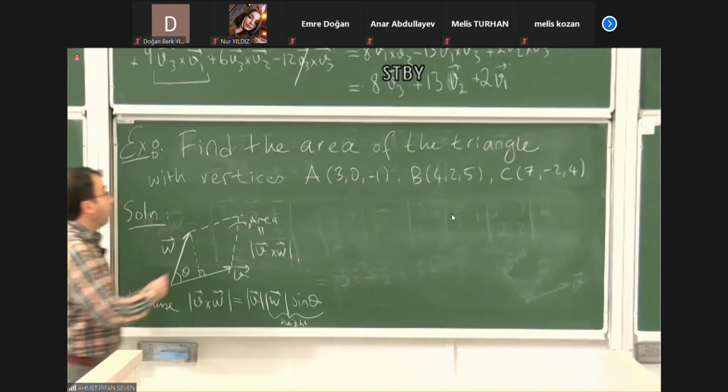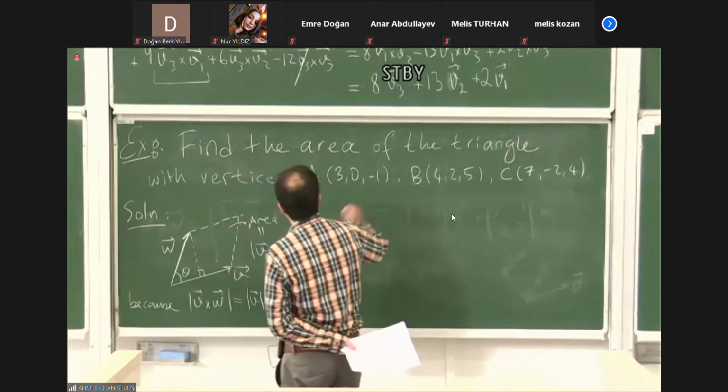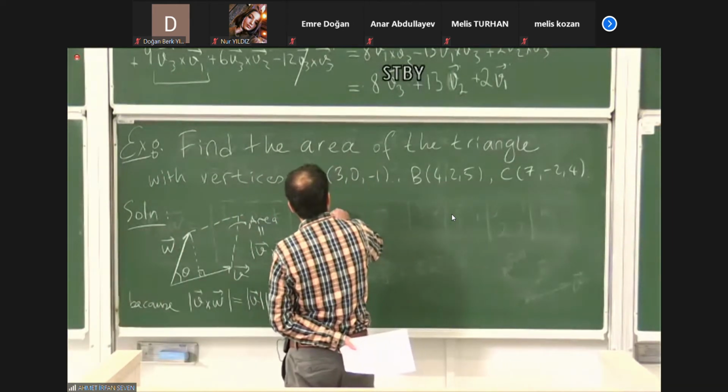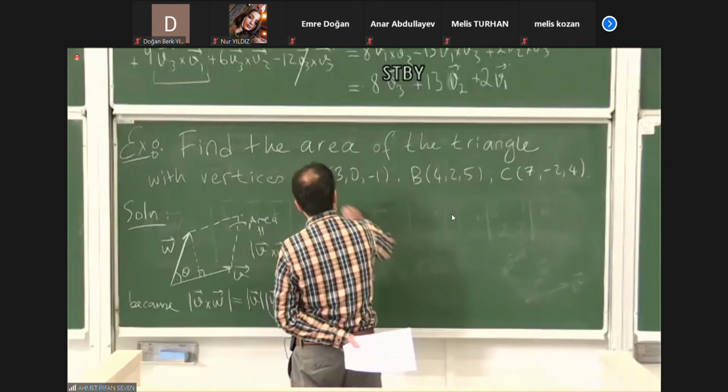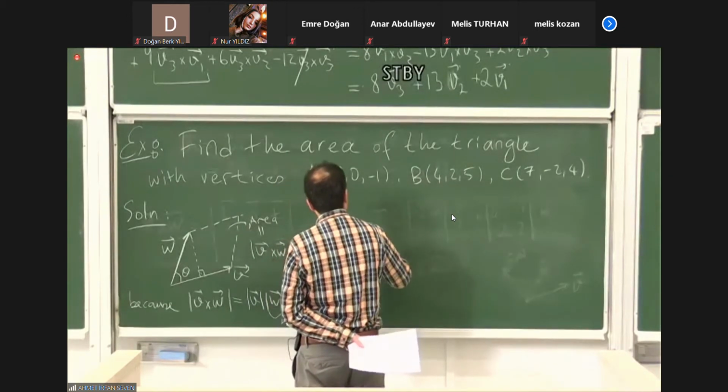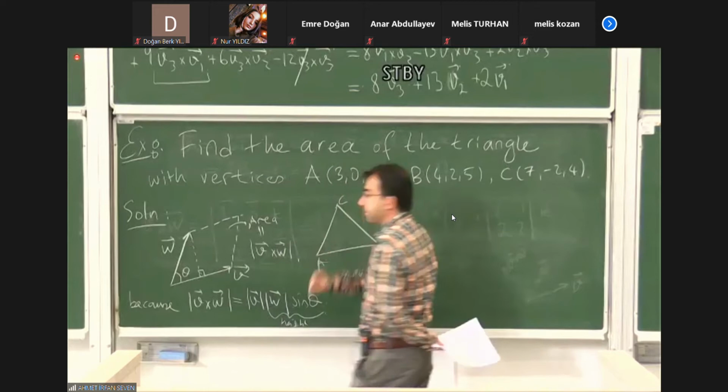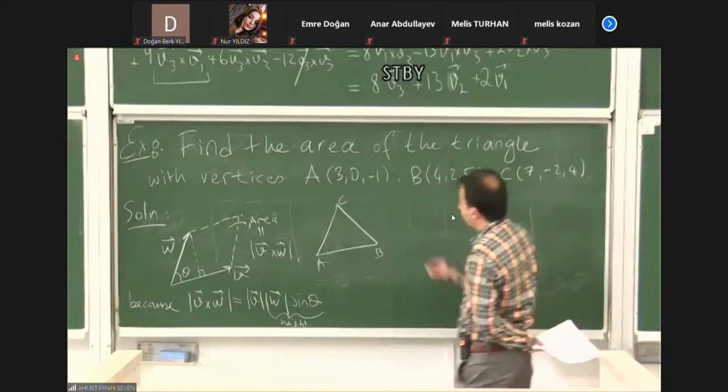Okay, so the question is, in here, so we have this triangle A, B, C will be equal to this area.